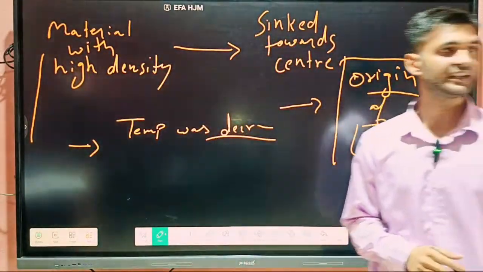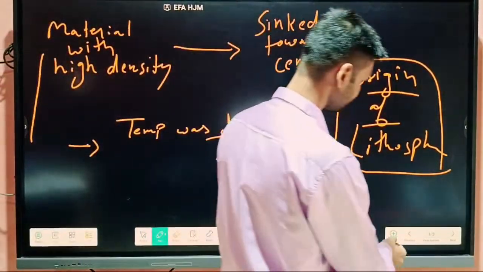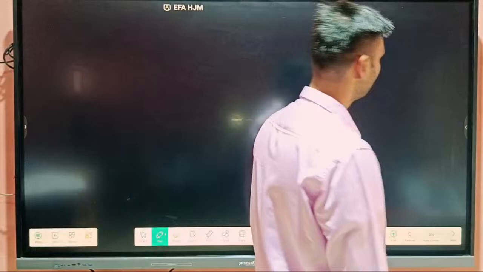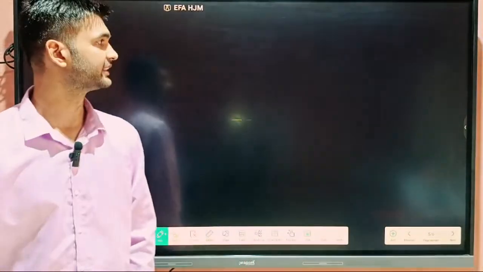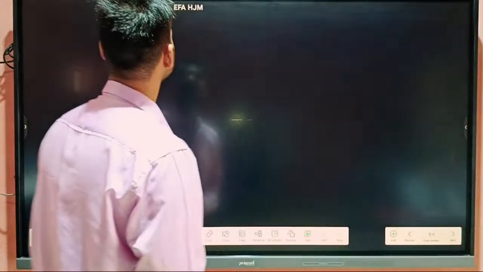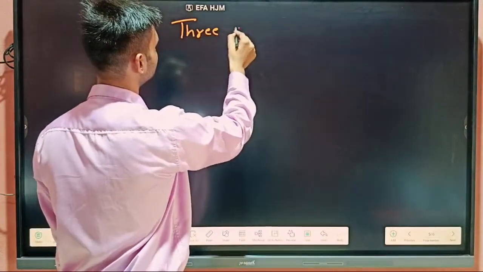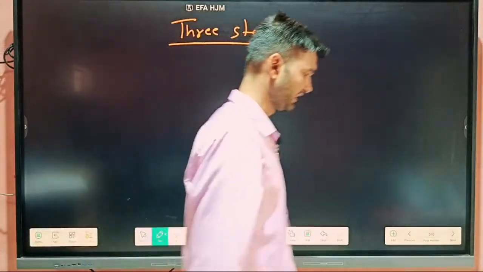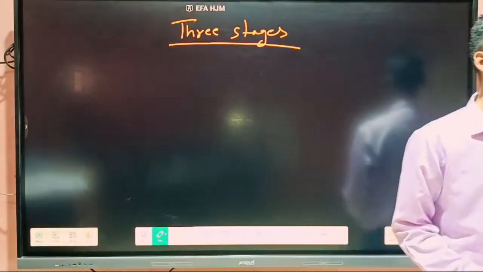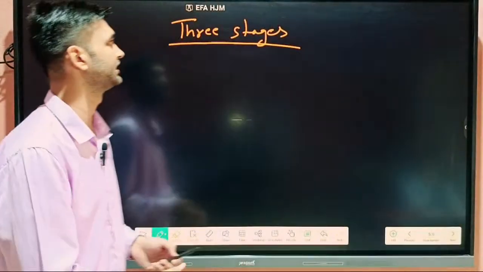Now atmosphere and hydrosphere. The evolution of atmosphere and hydrosphere are interlinked. There are 3 stages. As we have discussed, the atmosphere was very thin in the earlier time, in the primordial stage.